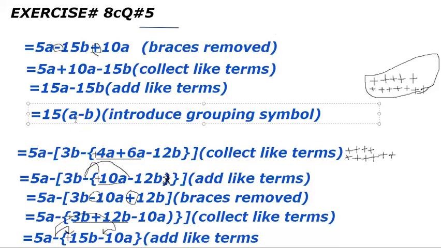As I told you, sometimes it is useful to introduce grouping symbols rather than remove them in order to make the expression more meaningful. So this 15a minus 15b can be written as 15 parenthesis a minus b.